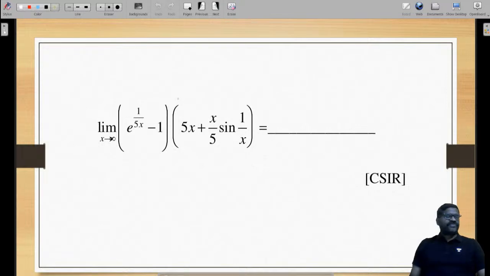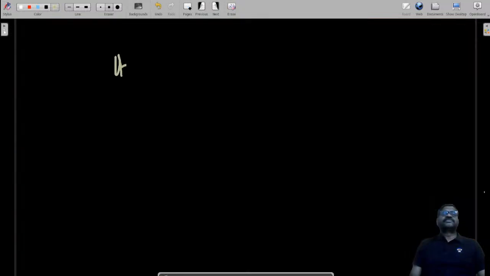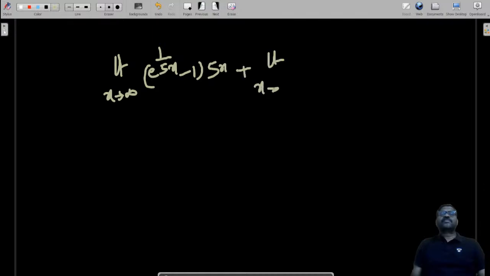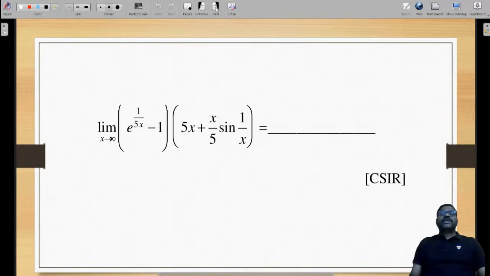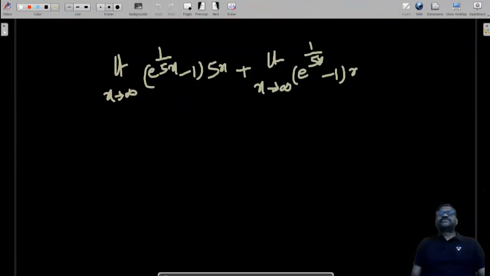Limit x extends to infinite, e power 1 by 5x minus 1 into 5x plus x by 5 into sine 1 by x.